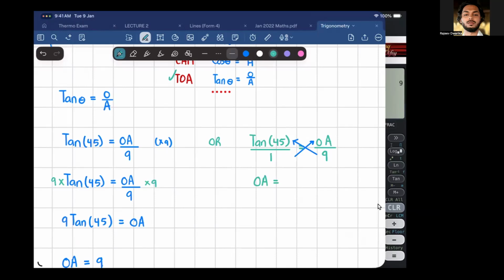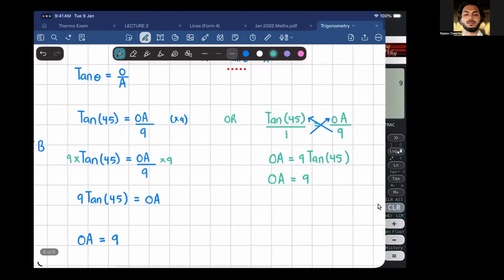And what is 9 by tan 45? Yep. Right, and then from there you can just plug that into your calculator and get your answer.